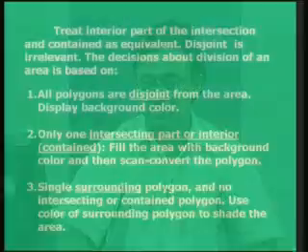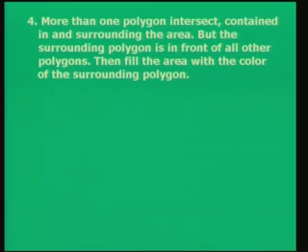Still, there are so many other cases which are possible, which will cause subdivision. So, if any one of these cases occurs with single polygons, you go ahead without subdivision, but if there are 2, you have to examine further and subdivide if necessary, and that is what we will see. If there are more than one polygon, this is the fourth and most important point, which could be intersecting, contained in or surrounding, we are not worried about disjoint.